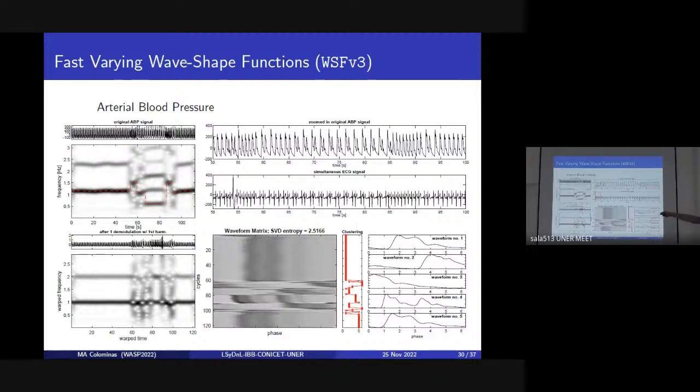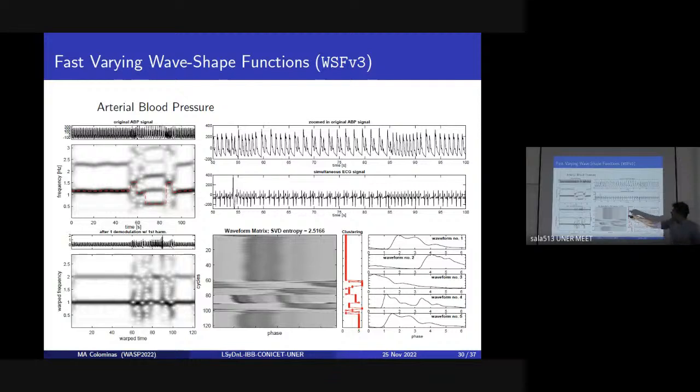And this is the original spectrogram, and you can see the ridge. When you demodulate just once, you get this. Okay? Had this process been perfect, this fundamental component at warp frequency equal to 1 would have been just constant.